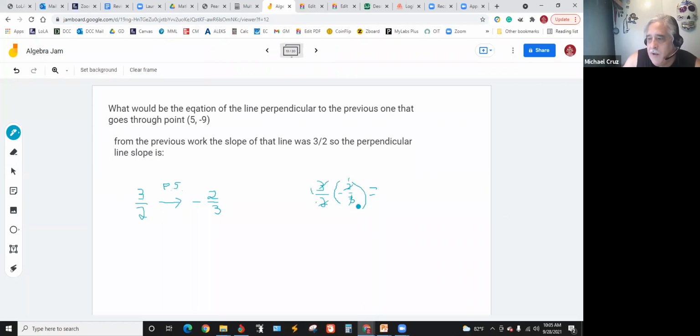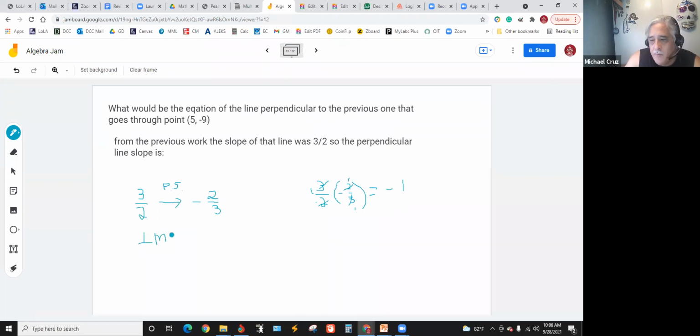If you multiply anything by its reciprocal, you're going to get 1. But in this case, since we're also talking about a perpendicular line, the slope is going to be the opposite sign and the reciprocal. So the way that I like to write it is like this.